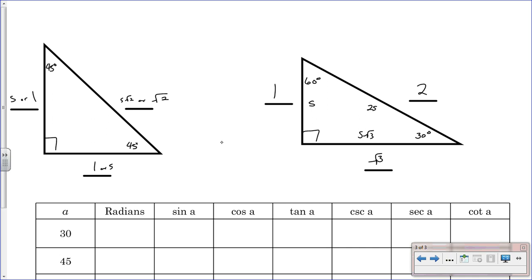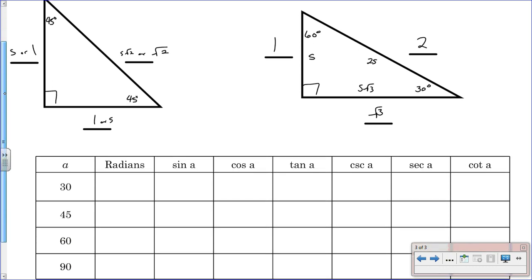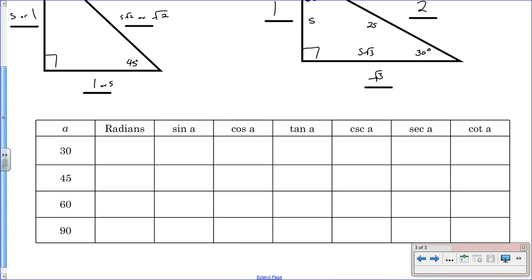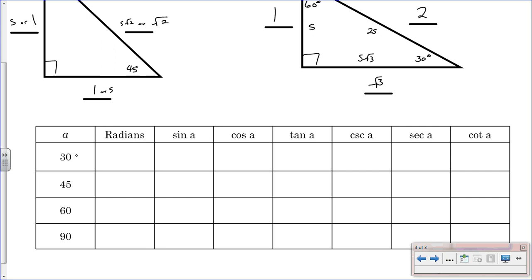The reason I want to go ahead and put in numbers there is because now we're going to get into what the cosine, sine, and all of that are for some specific angles. We're going to use these triangles to figure it out.